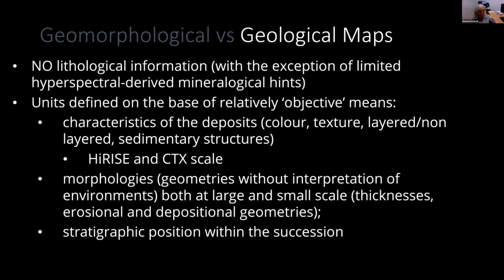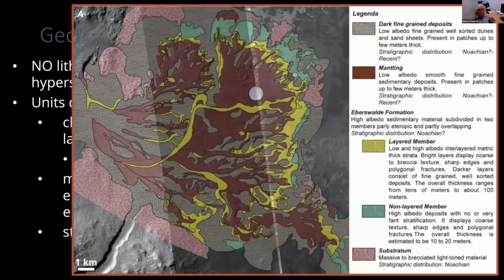So the characteristics of the deposit, their color, texture, whether they are layered or not layered, if they have sedimentary structures. Then we can look at the morphologies, not as genetic interpretation, but simply as description, for example, the mounds we saw earlier, and of course, stratigraphic position within the succession.